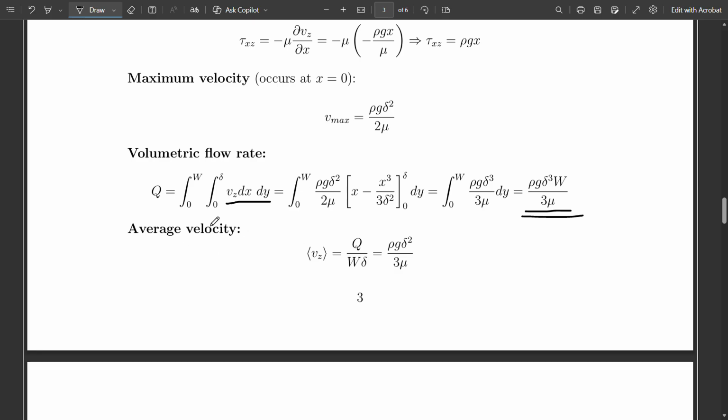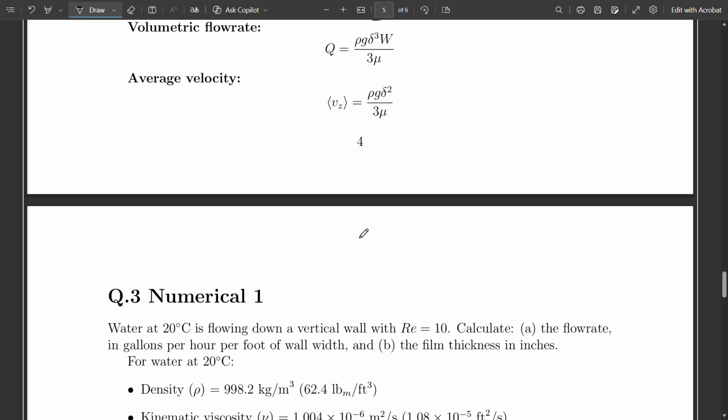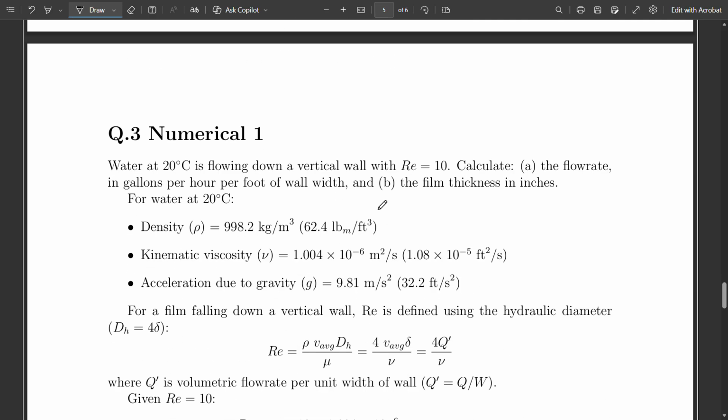We also know that average velocity is equal to volumetric flow rate divided by the flow area, which is W delta. So dividing this volumetric flow rate by the flow area W into delta, we get the average velocity relation.